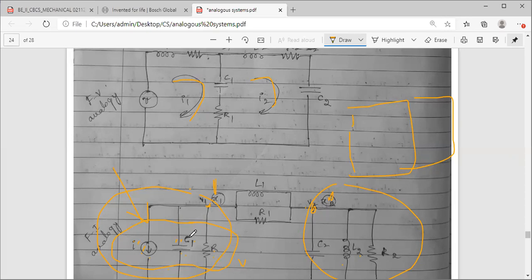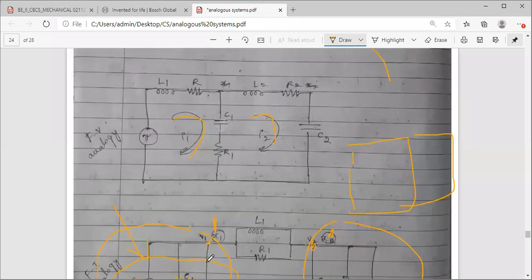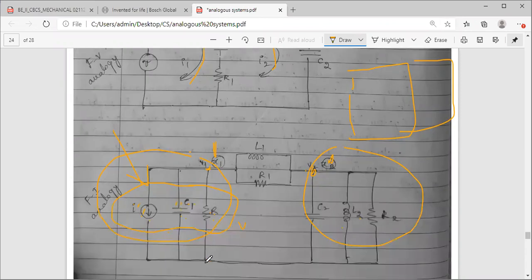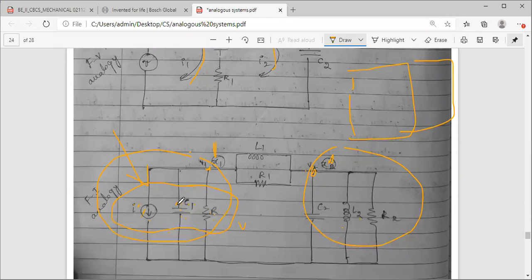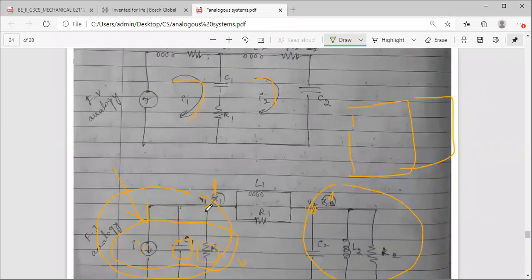Remember why we have connected capacitance and resistance, because they were analogous electrical systems for force current analogy, but now we are in force voltage analogy. So I cannot draw capacitance and resistance directly, because in case of force voltage analogy things will be different.